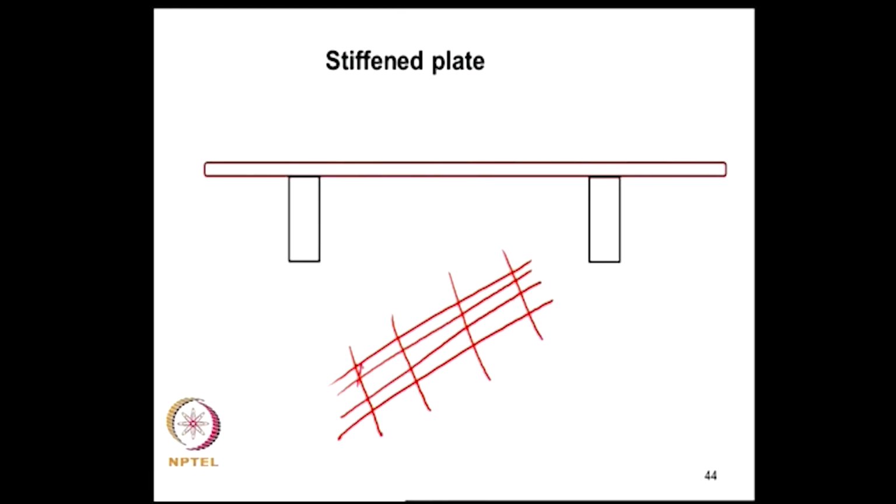So, this rectangular element itself is a plate element. So, we can see that the plate element gets stiffened by the presence of these beams. The centroidal axis of the beam will be here, the midplane of the slab will be here. So, the deformation of the beam and slab should conform to each other.